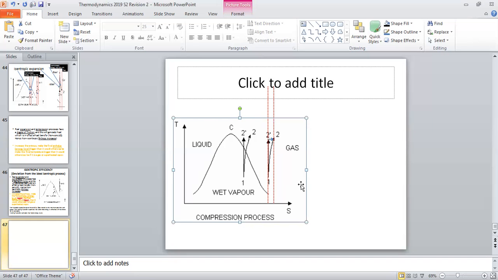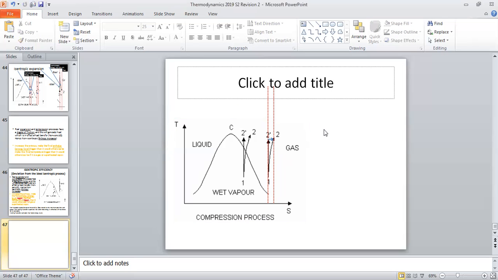In the compression, see the direction: temperature is at a rising level, so the entropy rises.